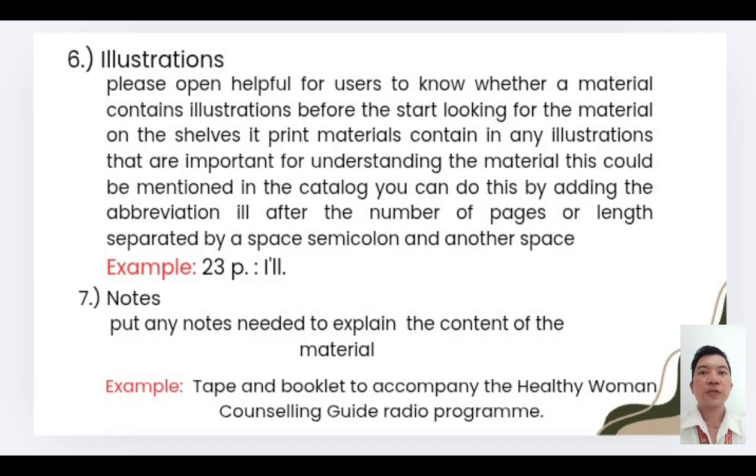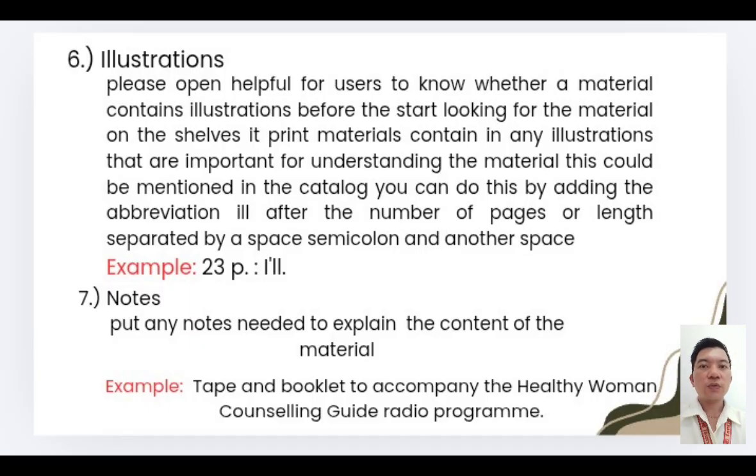Illustrations are helpful for users to know whether a material contains illustrations before they start looking for the material on the shelves. If print materials contain illustrations that are important for understanding the material, this could be mentioned in the catalog. You can do this by adding the abbreviation after the number of pages or length, separated by a space, semicolon, and another space. Below is the given example.